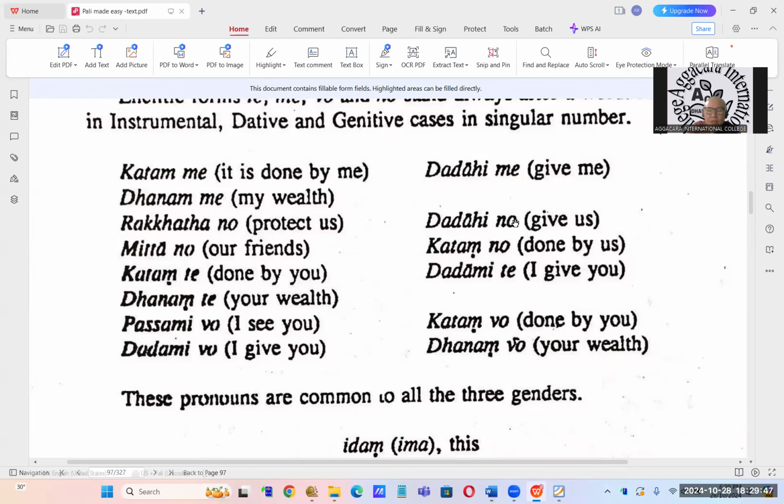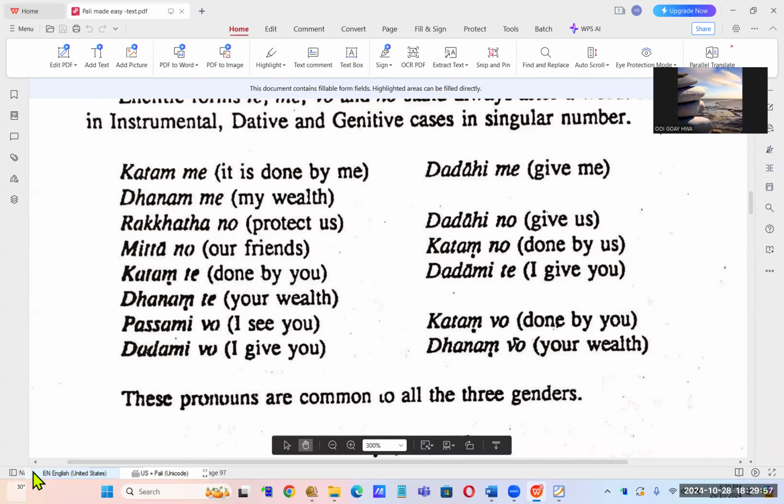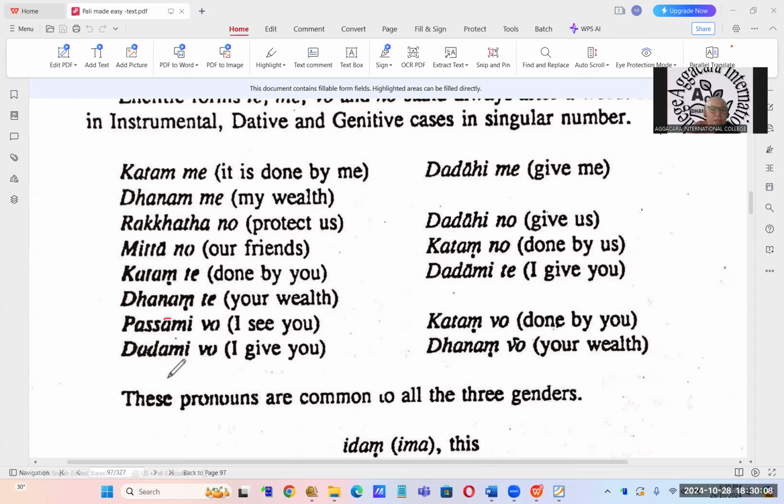Me will also be accusative. Katam no. So actually you should highlight katam me, katam te, katam no, katam vo, all right? So, passami vo, no, dadami vo, can it be, I give you, direct object, for the dative, can it, me? Also can, yeah.